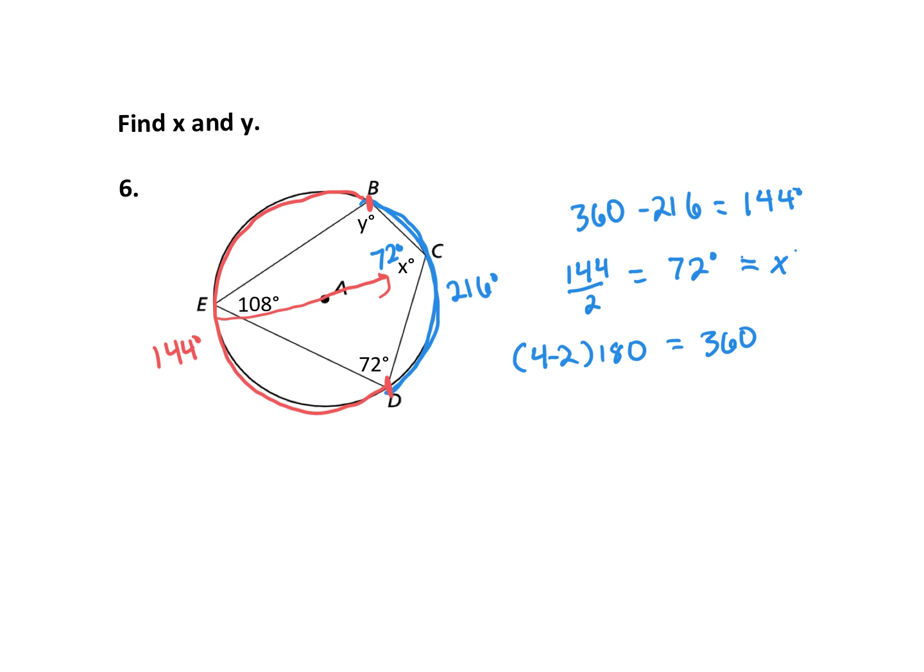So we have X, we have 72, and we have 108. So we take 360 minus 108 minus 72 minus 72, and we'll be left with Y, which is then 108 degrees. So Y is 108 degrees.